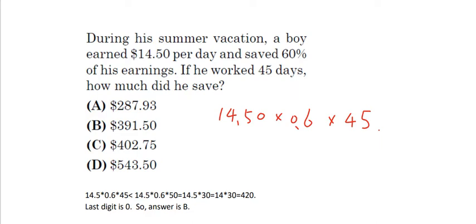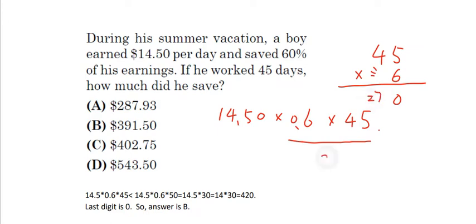Let's do this part first: 45 multiplied by 0.6 is 27, right? So this is 27.